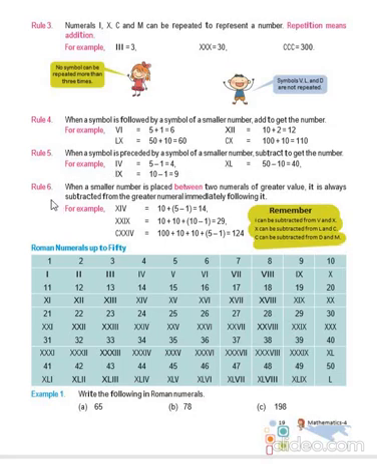Now come to rule number 6. When a smaller number is placed between two numerals of greater value, it is always subtracted from the greater numeral immediately following it. So suppose for an example, if it is written like this, then 10 plus 4 will be 14.